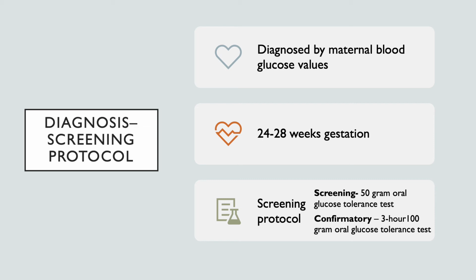There are thresholds for abnormal glucose values, which are steadfast, and if one crosses the threshold, then the patient is going to be diagnosed with GDM. But all those numbers are kind of tedious, so we're not really going to go over them right now. What you need to know is there's going to be a screening and a confirmatory test, and those tests are the 50-gram oral glucose tolerance test and the 3-hour, 100-gram oral glucose tolerance test.